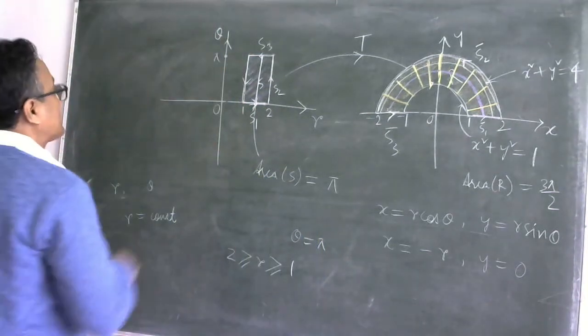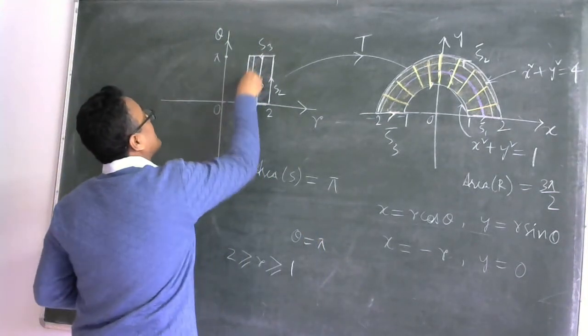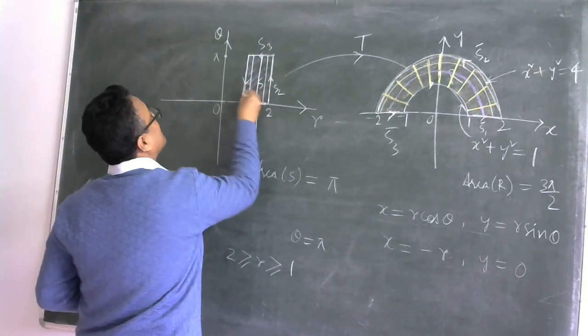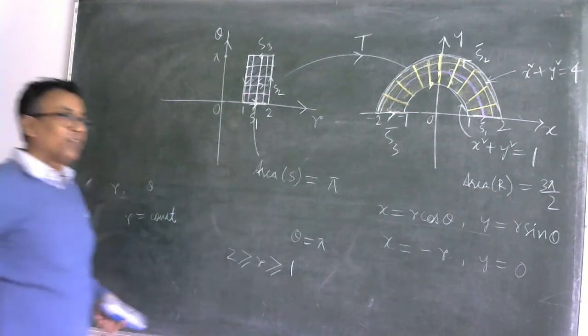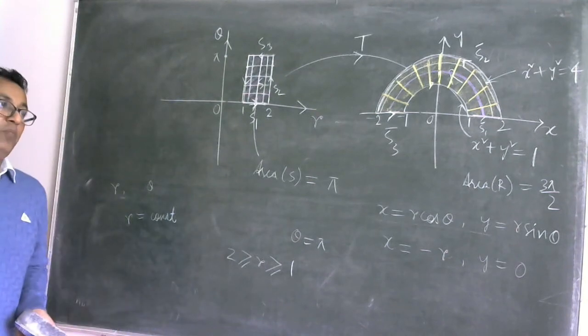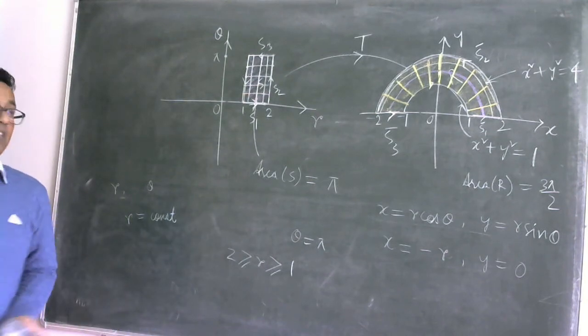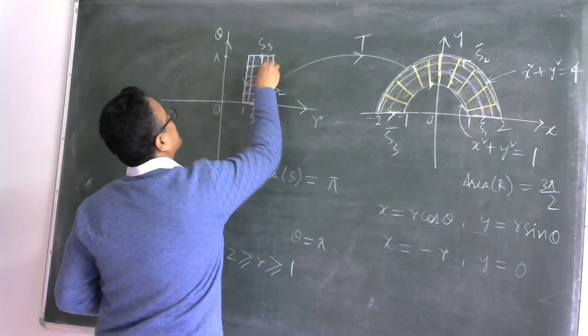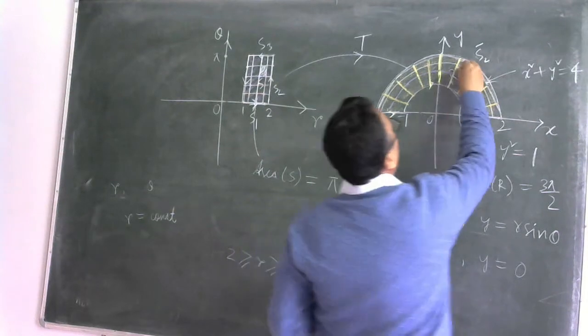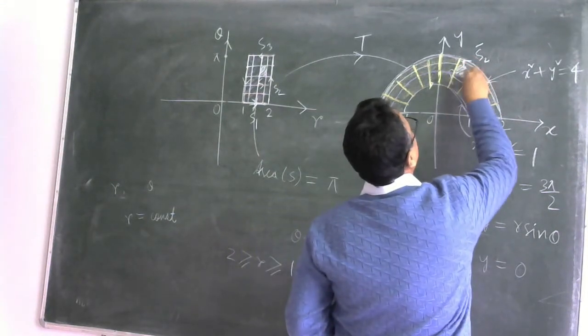So that means if I divide this rectangle into sub-rectangles, if I consider a particular patch over here, that is going to correspond to some patch over here.